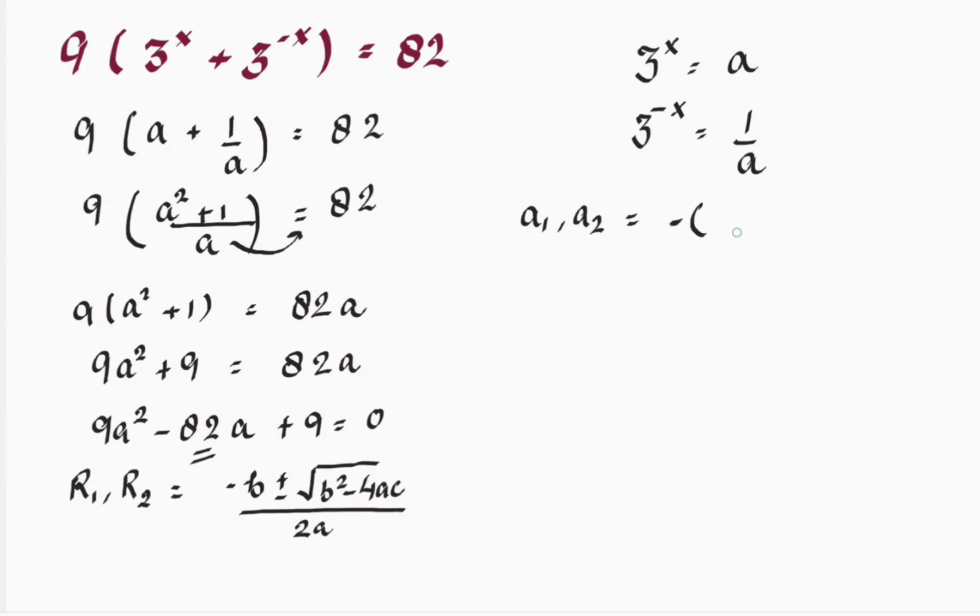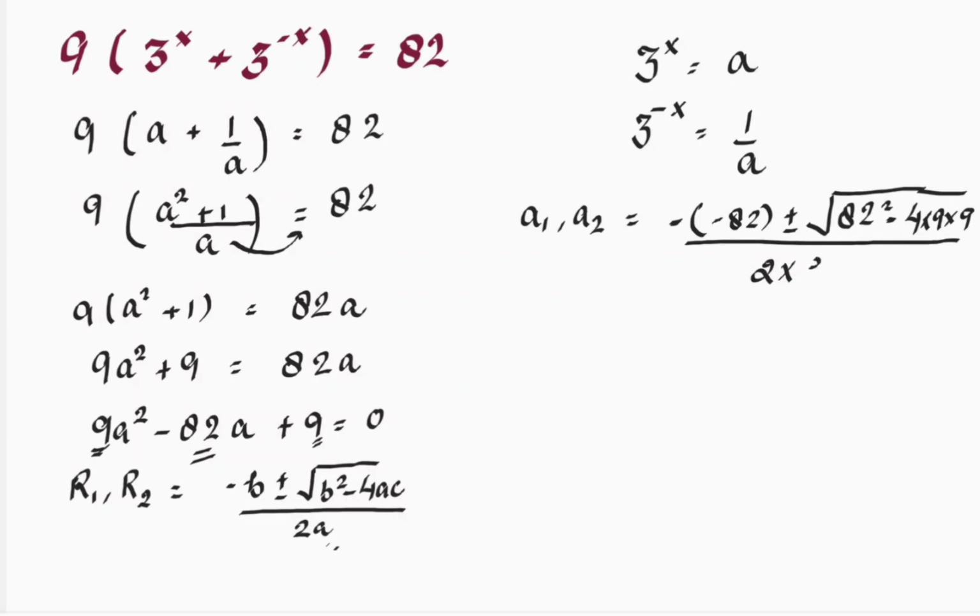Here b is minus 82, plus minus square root of b square, that means 82 square, minus 4 into a, which is 9, and c, which is also 9. So 4 into 9 into 9, divided by 2a. Here a is 9, so 2 into 9.